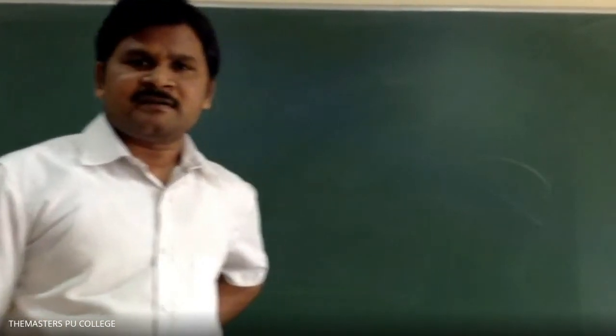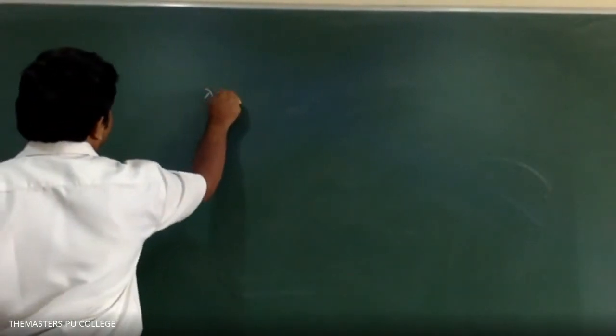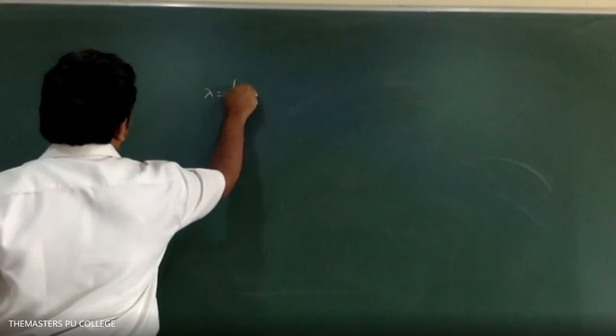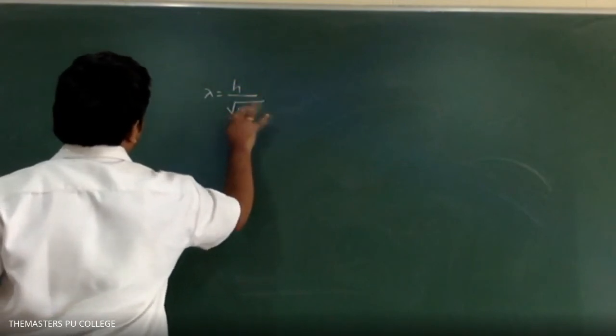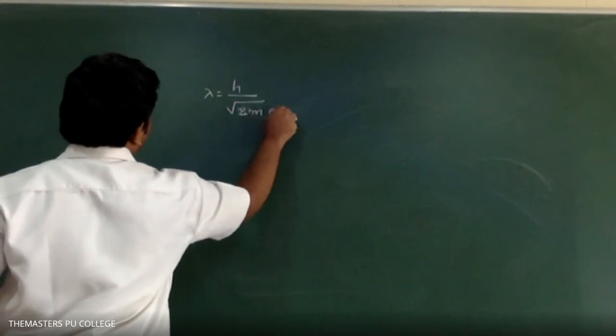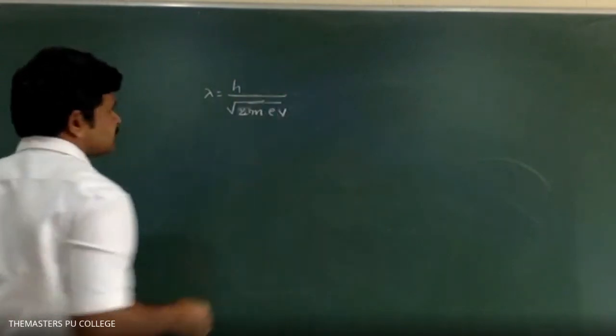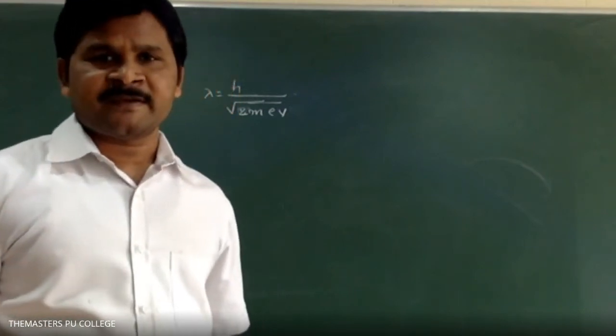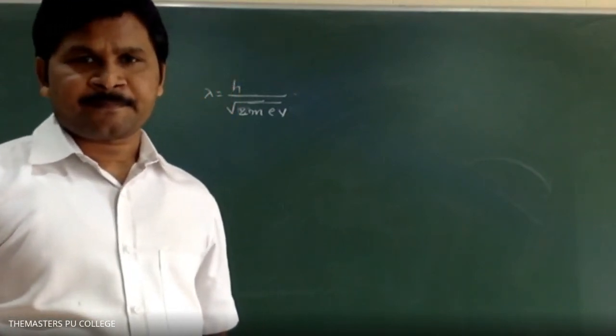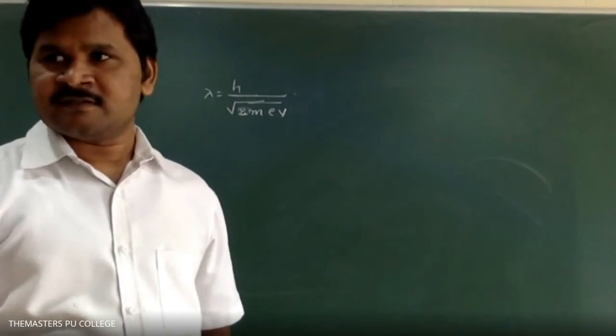Students, in notes I told you this formula: lambda is equal to h by root 2m eV. Is there? You see. Clear?